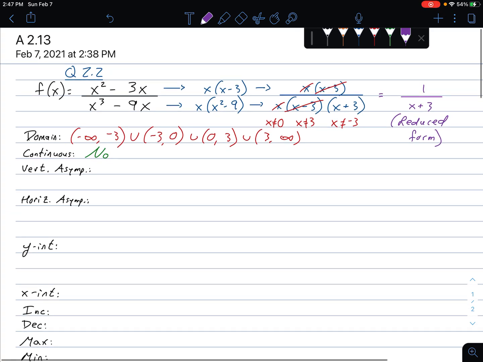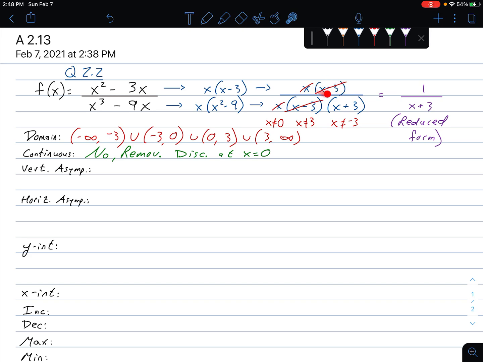Okay. Since I'm able to cancel out the factor x, that means the root that came from that 0 is a removable discontinuity. If I'm able to cancel it, it's called removable at 0.